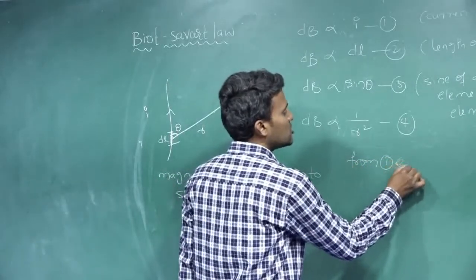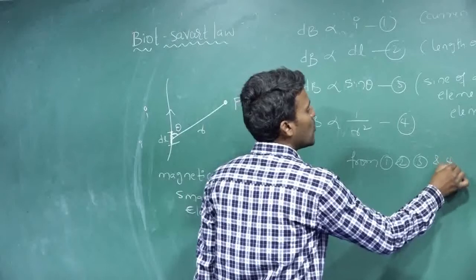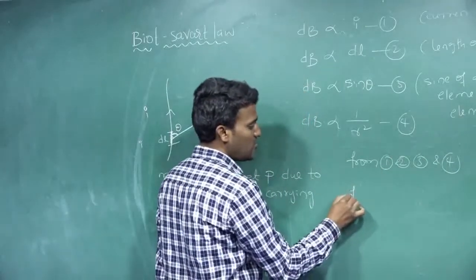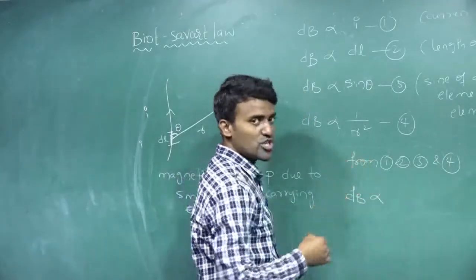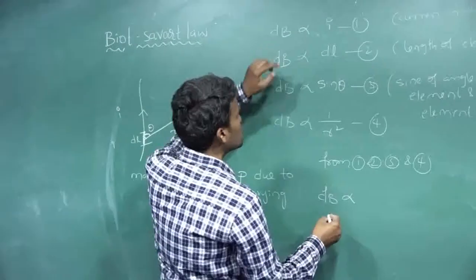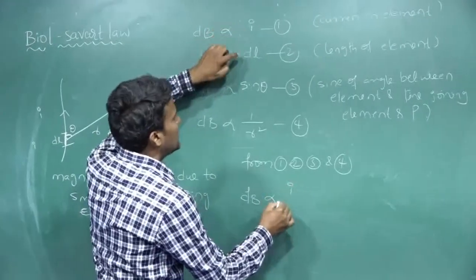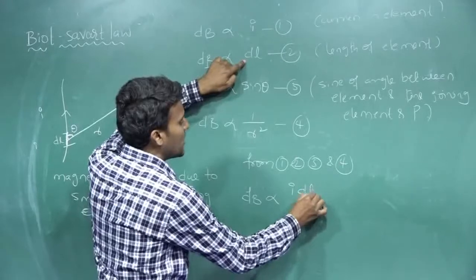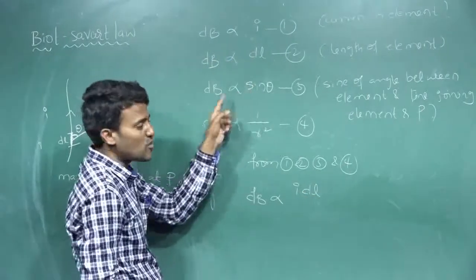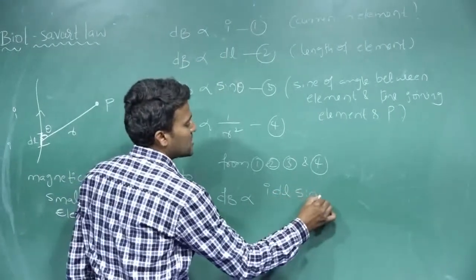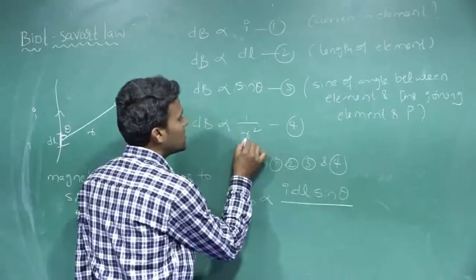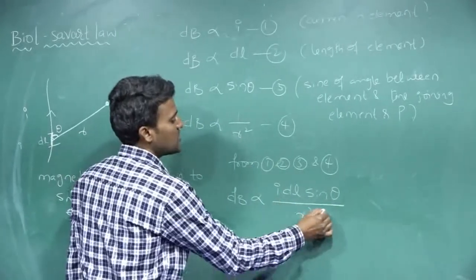From equations 1, 2, 3 and 4 you can write dB is directly proportional to I, to dl, and to sine theta, divided by the square of the distance between them.